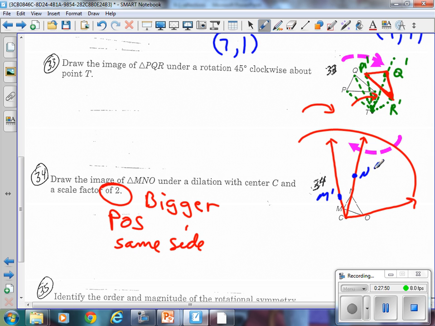O prime, somewhere about in here. Connect those. And that's what our new shape should look like. Made it 2 times bigger. It went out on the same side of C. And the shape looks about the same.